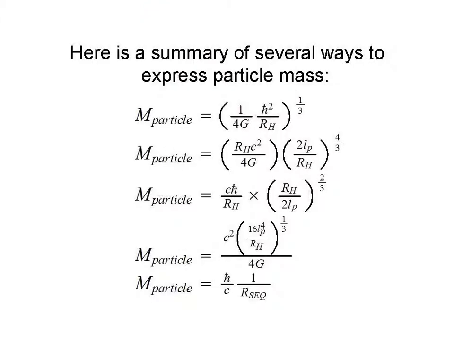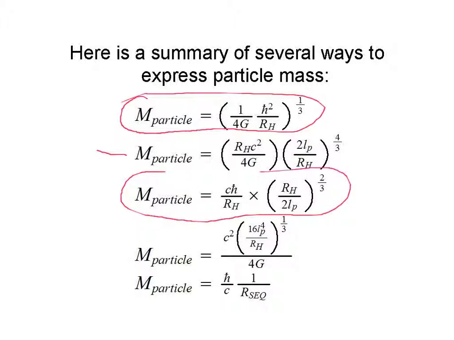Particle mass can be expressed in several ways. The most common way we have been expressing it is this form here, and we've seen this version. Our third position here will be very important shortly, where we take the mass of a small energy quantum times r sub h over 2lp to the 2/3 power.